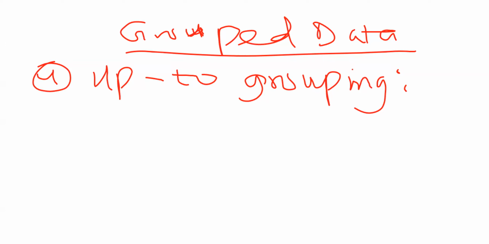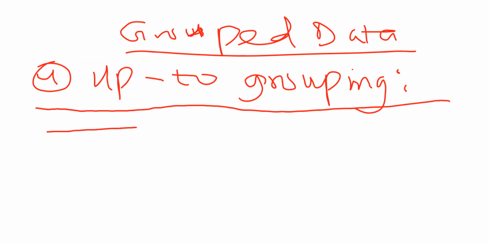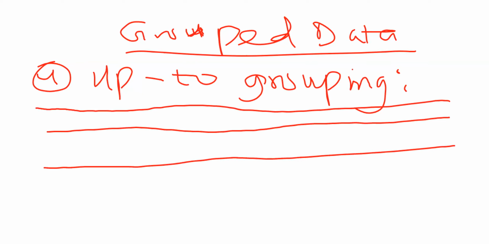Full stop. An example of this type of grouping is depicted or shown below. Here's an example of that kind of grouping, how it looks.